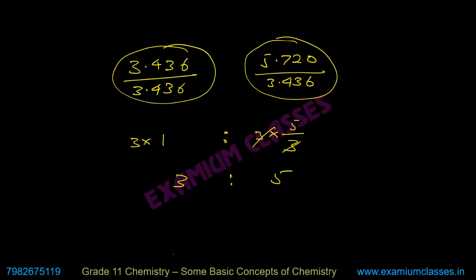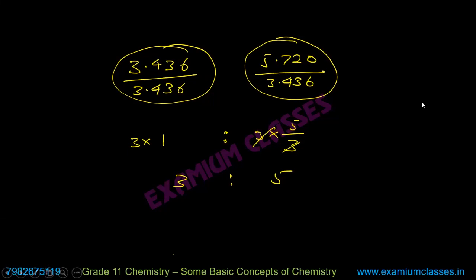The first thing, you will always make one element as 1 gram, and you will calculate the mass of the other element in grams with respect to 1 gram of the first one. The other is how to convert the decimal ratio to simple whole ratio. This is the technique. Clear? And you need to do practice if you are still confused.